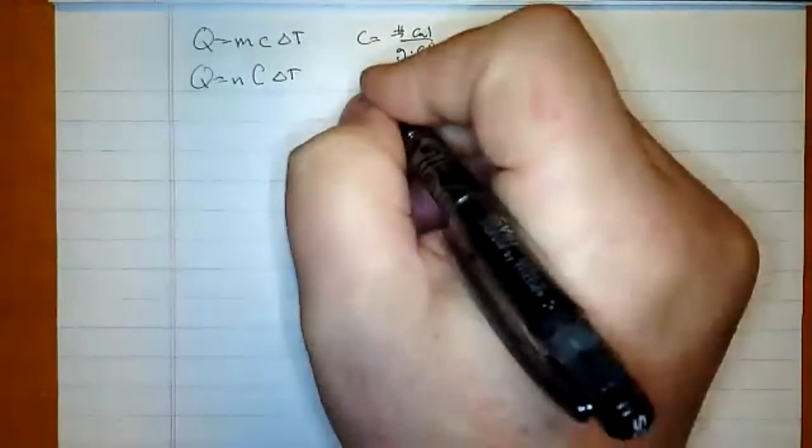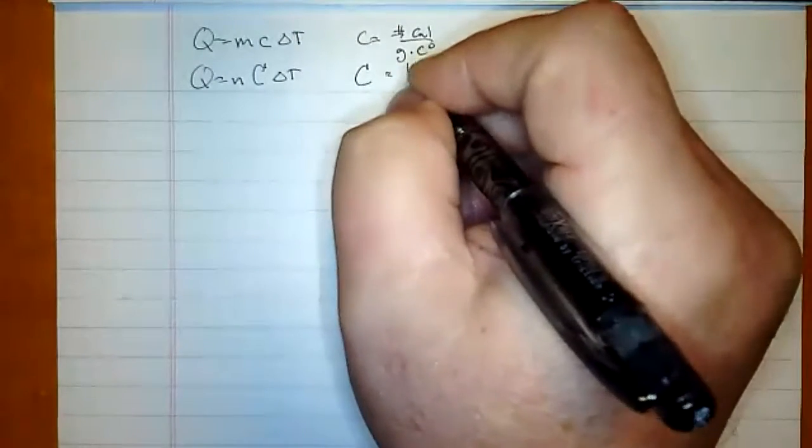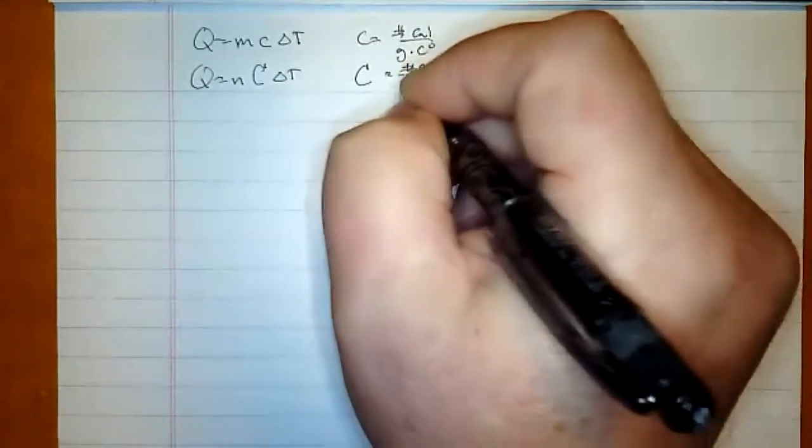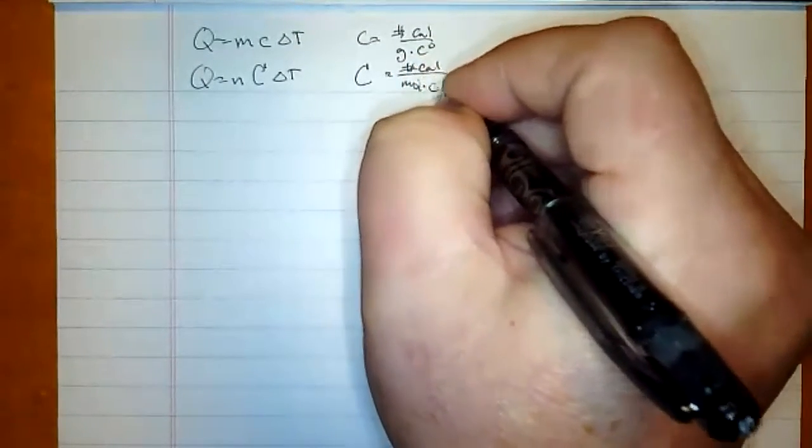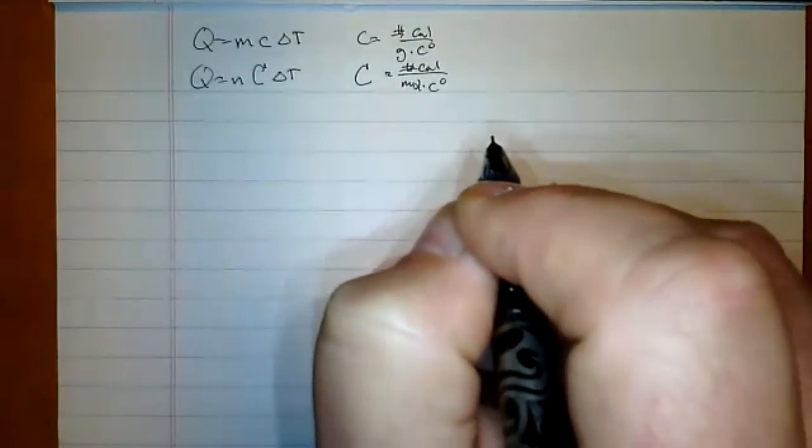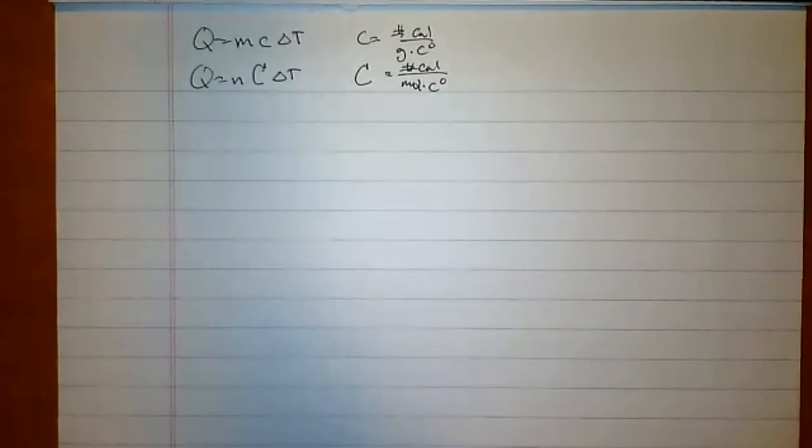Okay, and in this case, the capital C is equal to the number of calories per mole Celsius degree. By introducing that, we can actually make some really neat conclusions about physics.